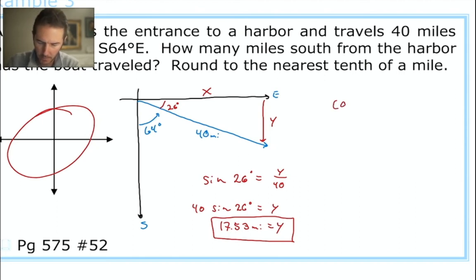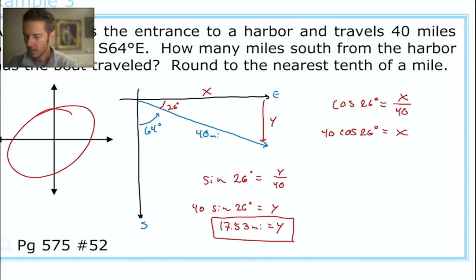So the cosine of 26 degrees will equal adjacent, which is x, over hypotenuse, which is the 40 we already know. Multiply 40 to both sides, so that the x is all alone on the right-hand side.